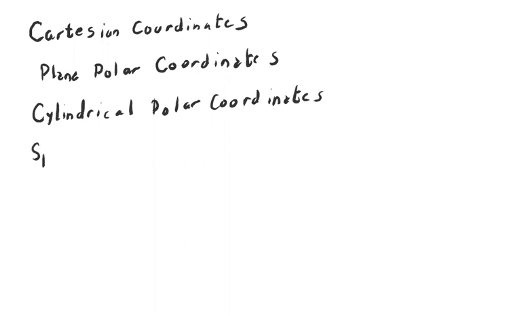And we'll leave the best to last. There are problems that have spherical symmetry. And these problems would be really hard to deal with if you use cylindrical polar coordinates or Cartesian coordinates. So this is what we want to focus on next.